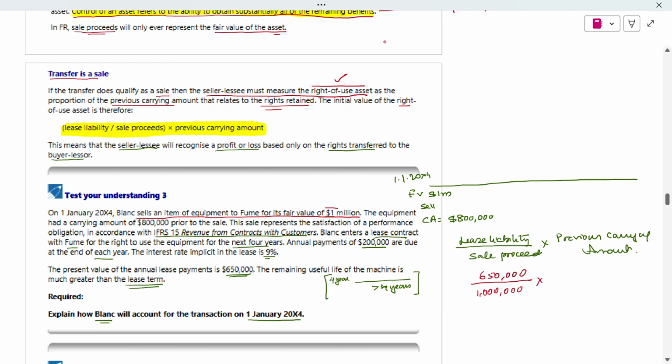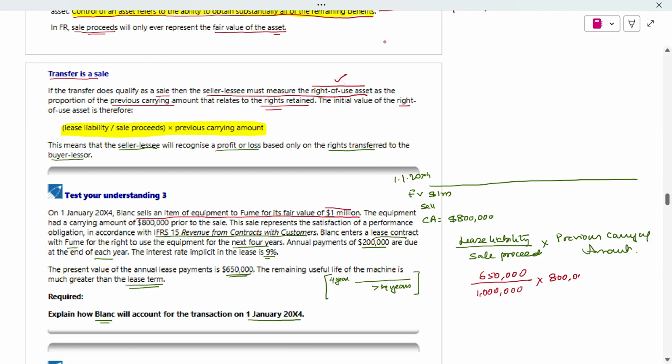He is selling for 1 million. Now, how much is the previous carrying amount? 800,000.